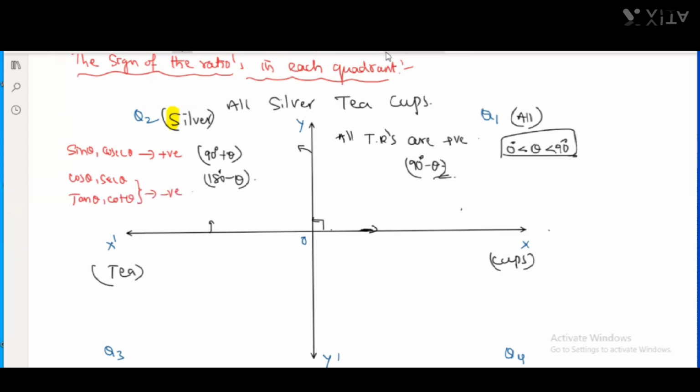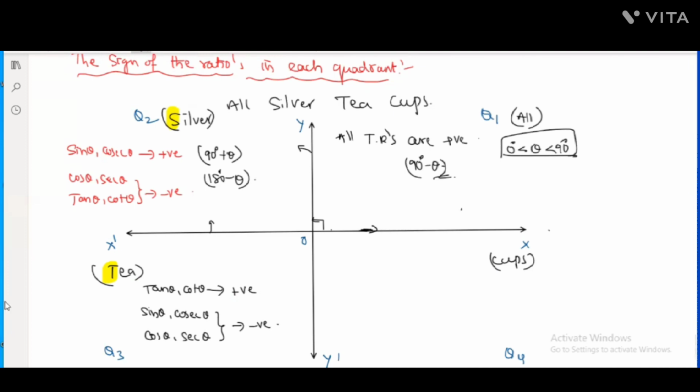So comes the third quadrant, T. T means tan. So here tan and its reciprocal cot, these 2 are positive. The remaining 4, sin theta and its reciprocal cosecant theta, cos theta and its reciprocal secant theta, these 4 are negative in this quadrant.